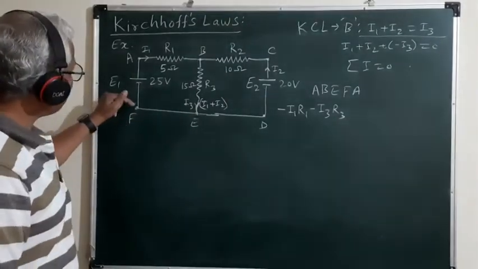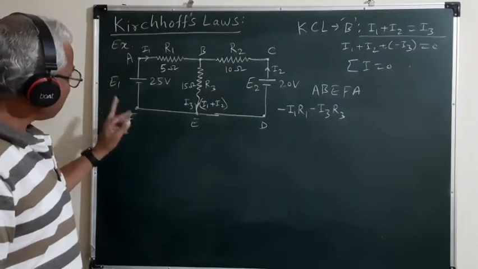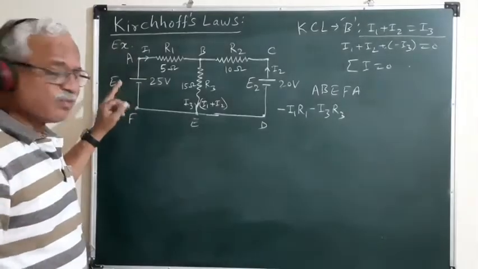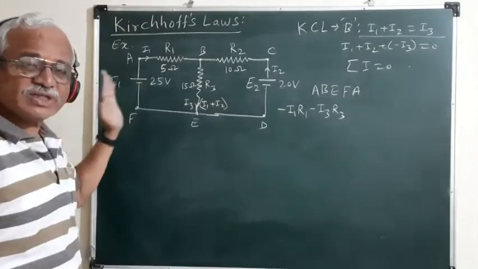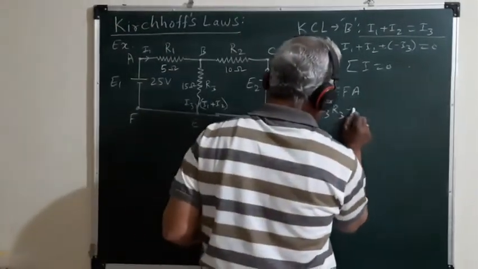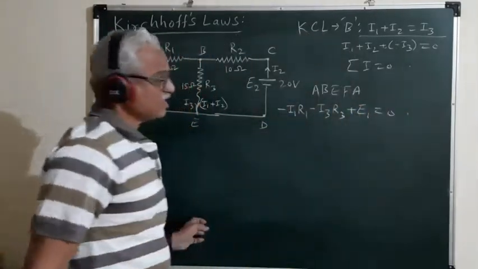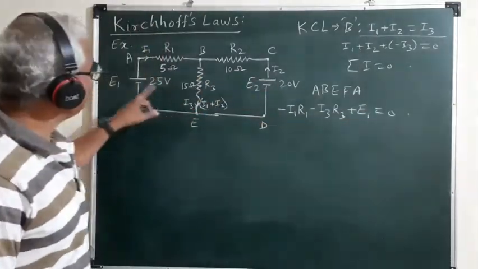Then the branch FA contains the source of EMF E1, and while traversing this branch from F to A, we are moving from the negative terminal of the source to the positive terminal of the source. So in the direction of increasing potential, so that the EMF of this source must be taken positive. So this must be equal to 0. So this is the voltage equation for the first closed loop.